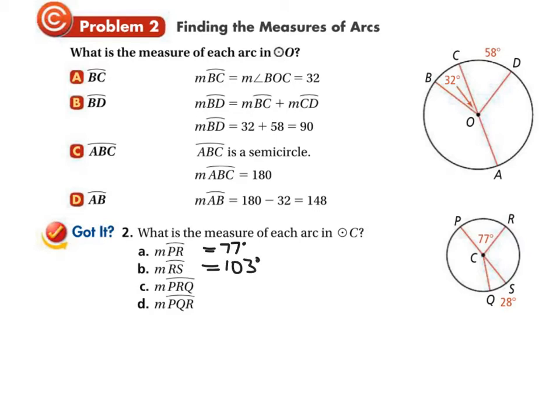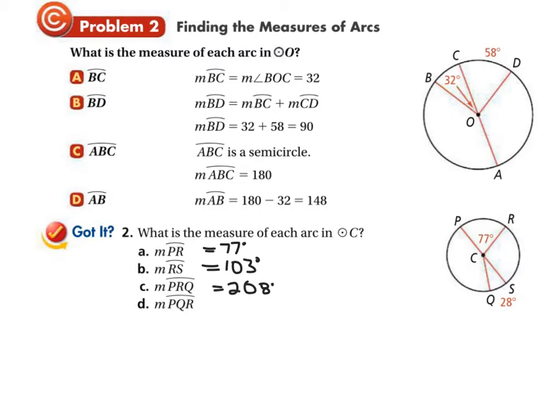And the measure of major arc PRQ: we knew that this was 77, this was 103, that gave us our 180, and then we've got another 28 to get from P through R to Q. So 180 plus this is 208, and so the measure of arc PRQ is 208 degrees.